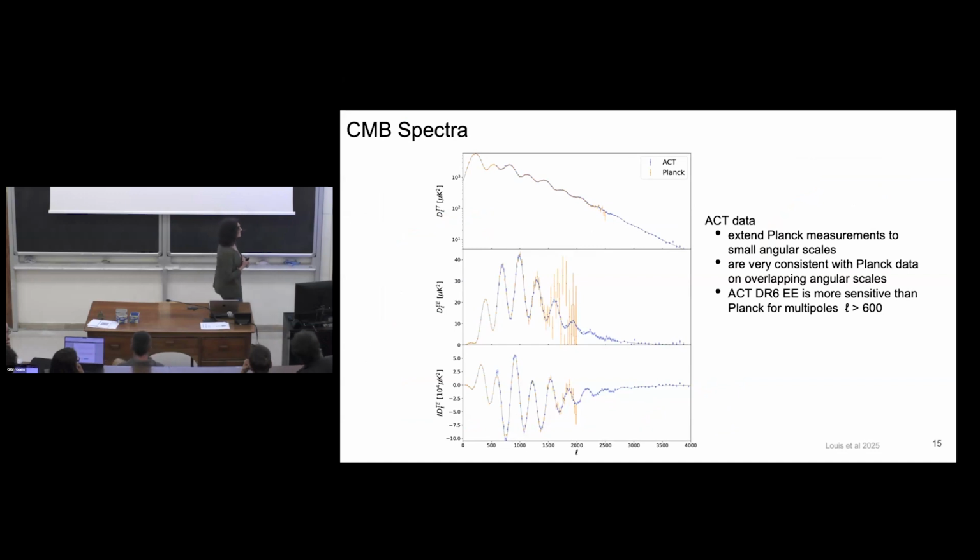What you see here is the overlay of the final observations from Planck in orange, and then the new ACT observations in blue. You also see that it's becoming really, really difficult to appreciate the measurements on these plots.